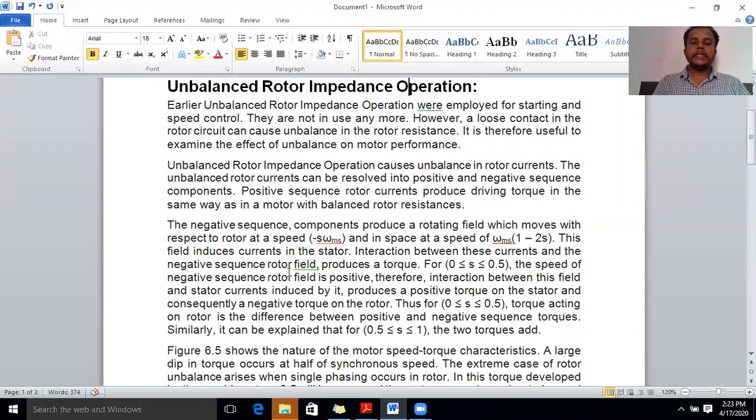In the next session, we will discuss the operation of the motor when it is supplied with non-sinusoidal voltages and some braking methods.